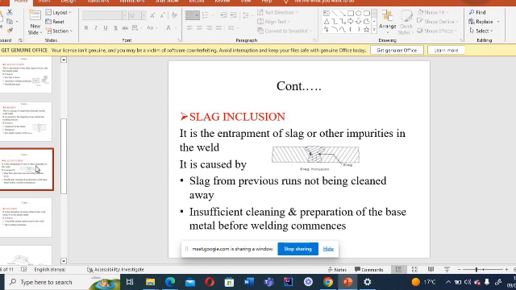Yeah, slag inclusion is the entrapment of slag or other impurities in the weld, and it can be caused by slag from previous runs not being cleaned away, and it can also be caused by insufficient cleaning and preparation of the base metal before welding commences. Yes, awesome. So the slag inclusion is when you have some materials in between the weld and it causes impurities in the weld. So thank you.